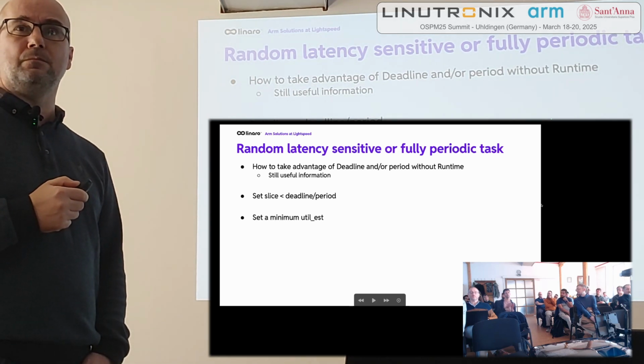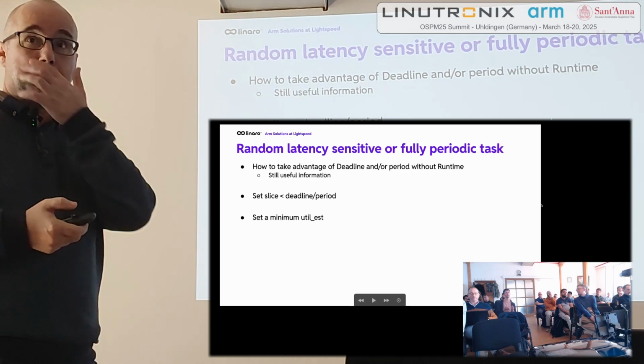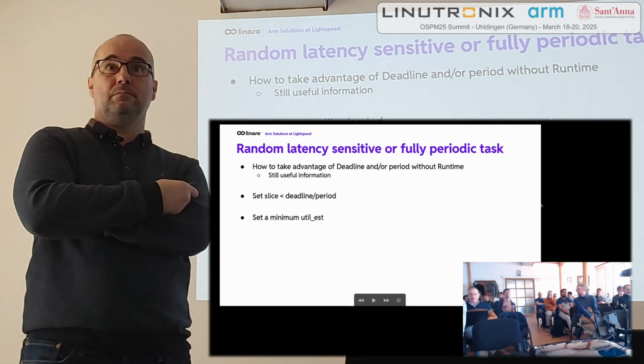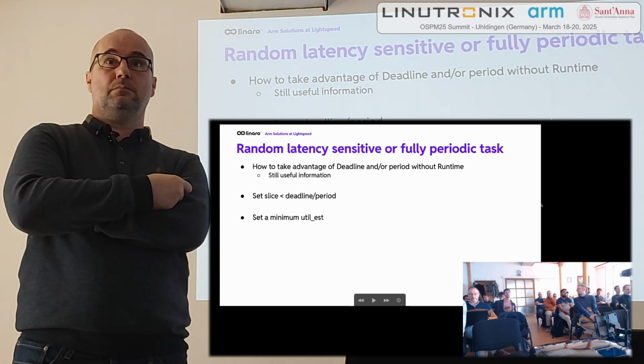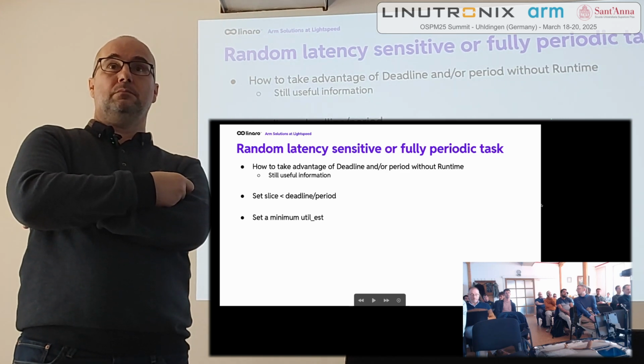Yes? I have a question. If a task is running for some time, or if a task is waking up every X milliseconds, it's something that we could also measure. So instead of relying on the user information, can't we just measure this and make decisions based on this average runtime?